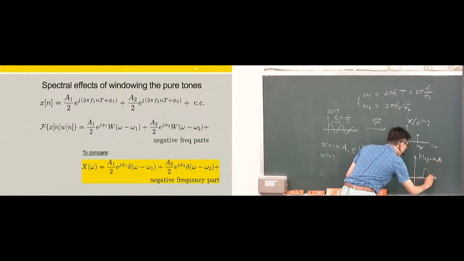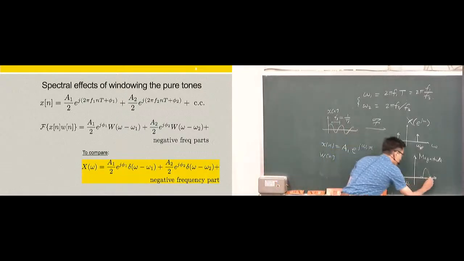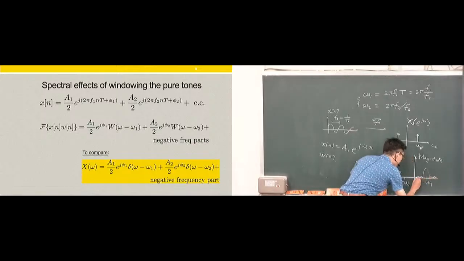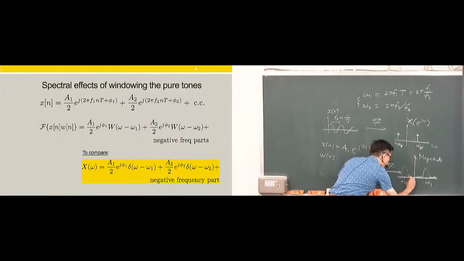So you expect to see a main lobe and side lobes. That's probably one thing I really want to point out. You expect to see the main lobe of your window function, as well as side lobes. There are going to be some side lobes extending in both directions. And similarly here you have the main lobe and side lobes.